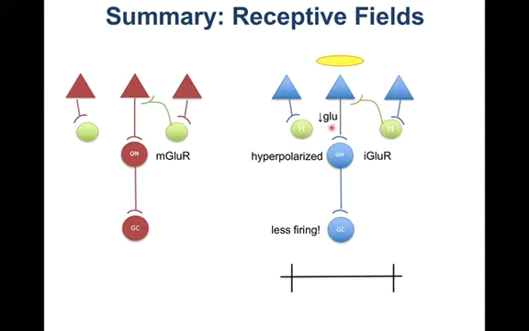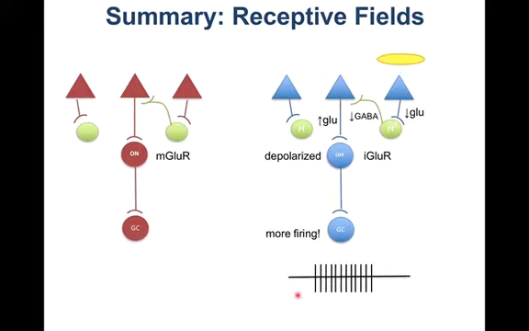A decrease in glutamate release onto off-bipolar cells that express ligand-gated iGluRs is going to lead to closure of iGluRs and hyperpolarization of our off-bipolar cell. Less glutamate onto our ganglion cell and less firing by our ganglion cell. So we shine light on the center of an off-center system, we end up with a lower rate of firing in our ganglion cell as a result.